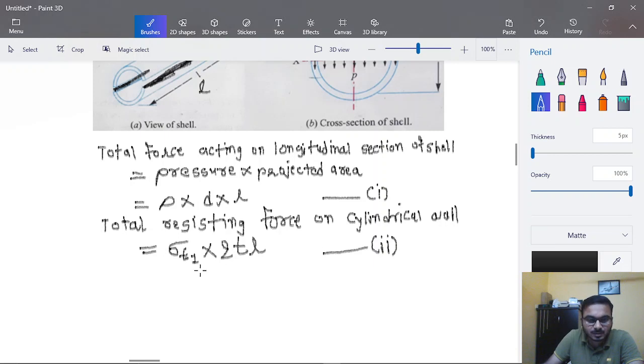So now we can equate these two. So comparing them, we will have P D L is equal to sigma T1 into 2 T L. So L will get cancelled.